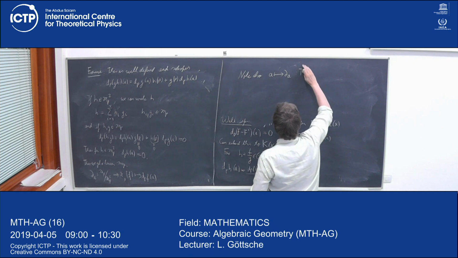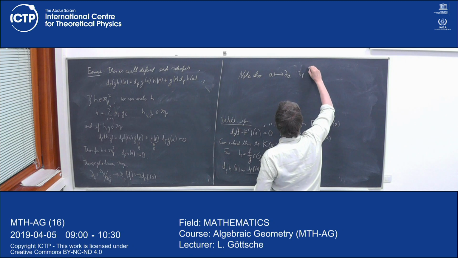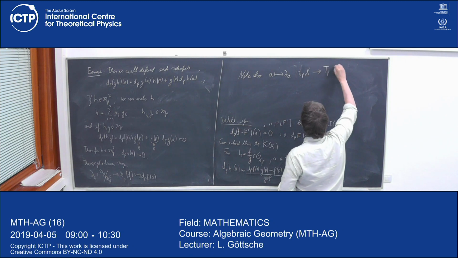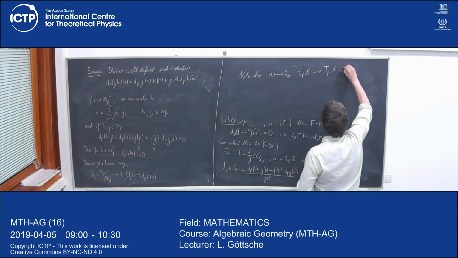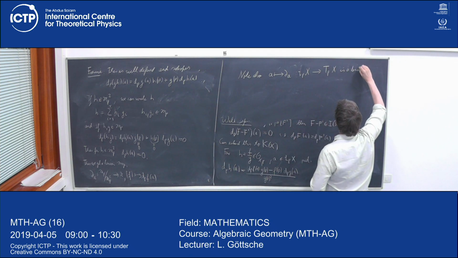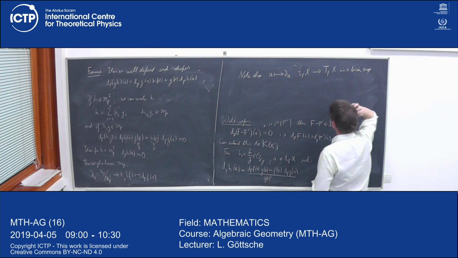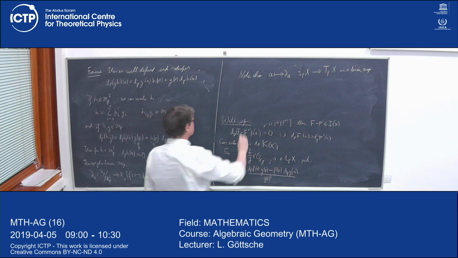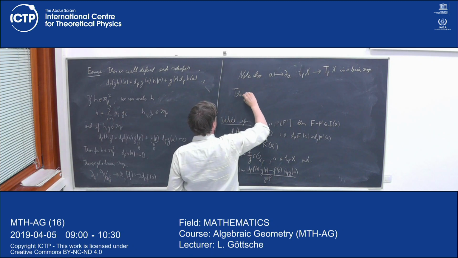From T_P A^n to the dual of M_P modulo M_P squared, A mapping to d A, is a linear map. And then the theorem is that this is an isomorphism.